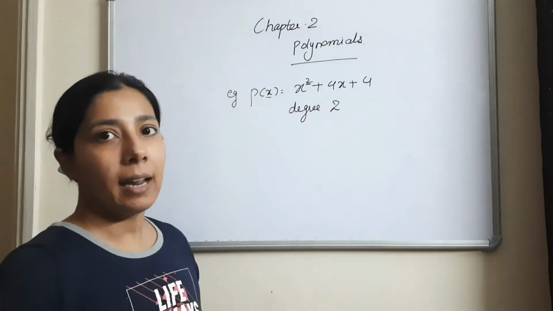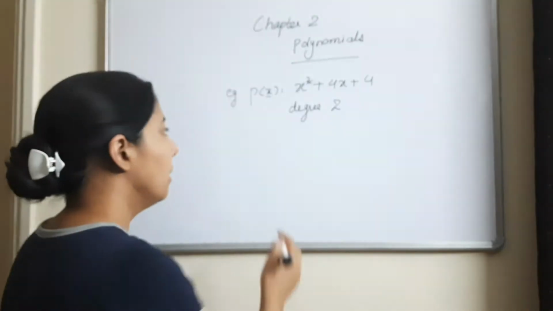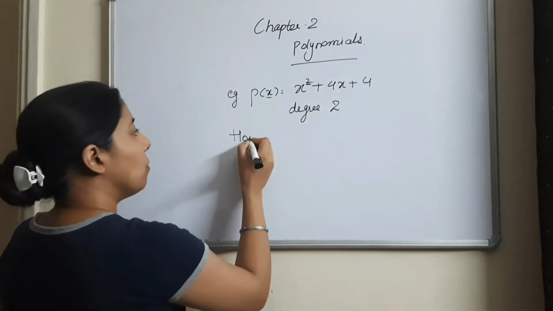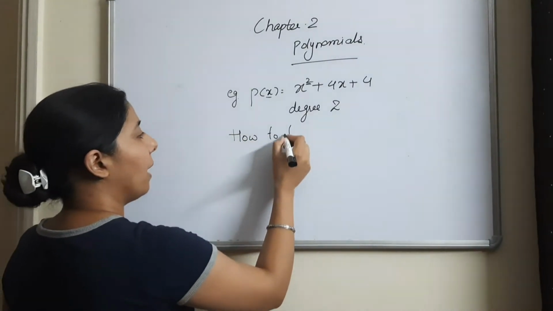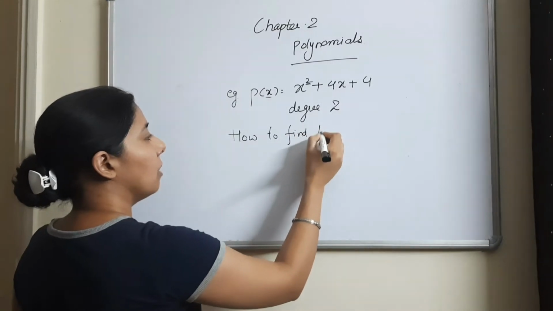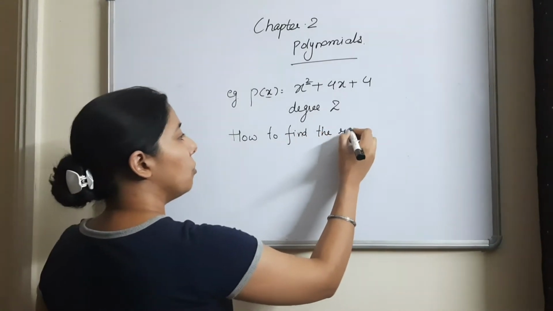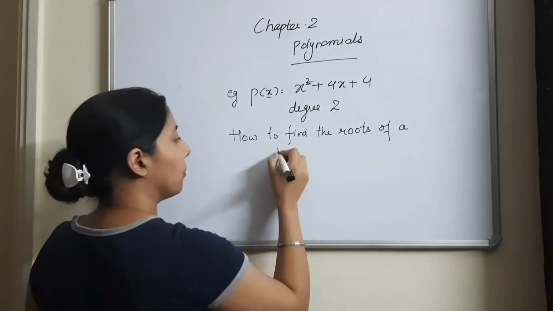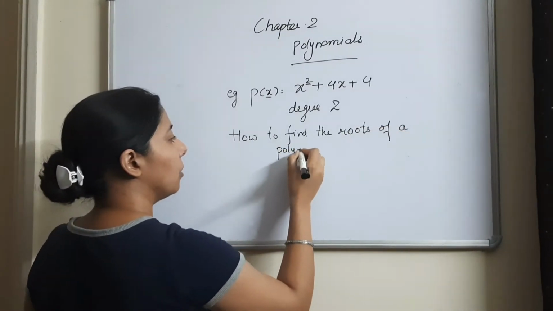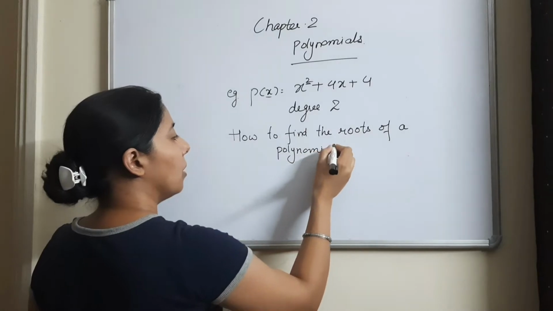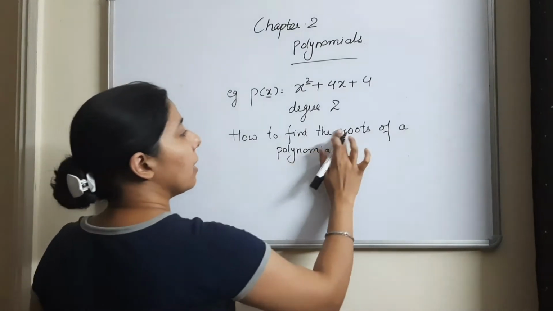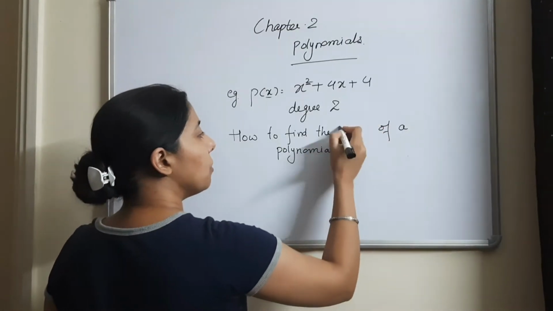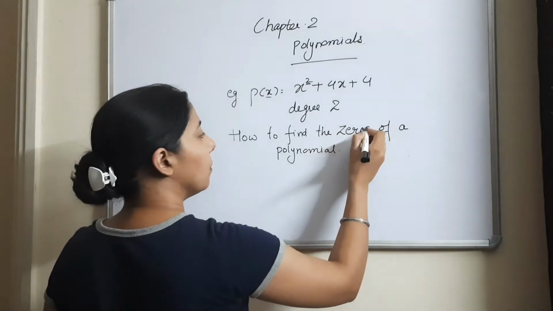Now the question that can come in your exam is how to find the roots of a polynomial, or you can say how you can find the zeros of the polynomial.